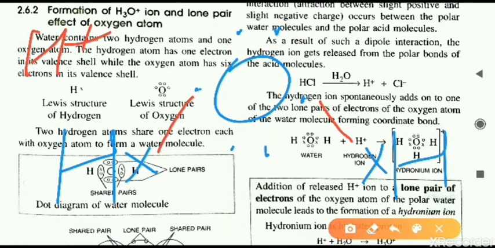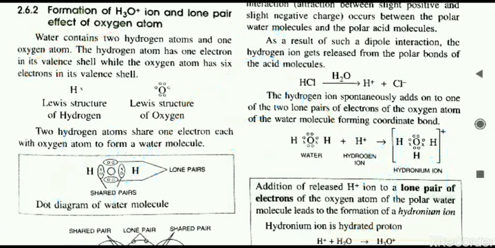So as a result, a chemical bond is developed, and because hydrogen is not providing any electron for sharing, this type of sharing of electrons is called coordinate bonding.